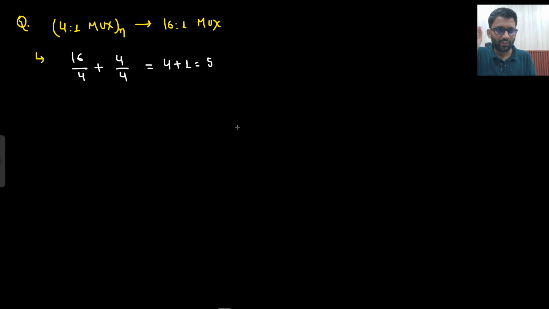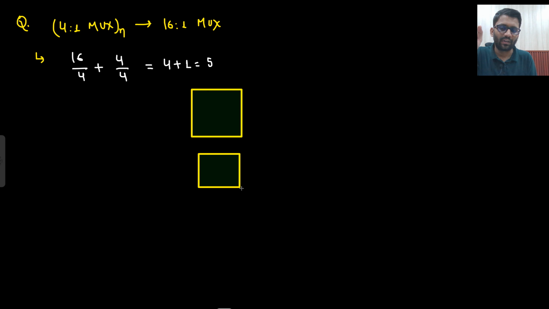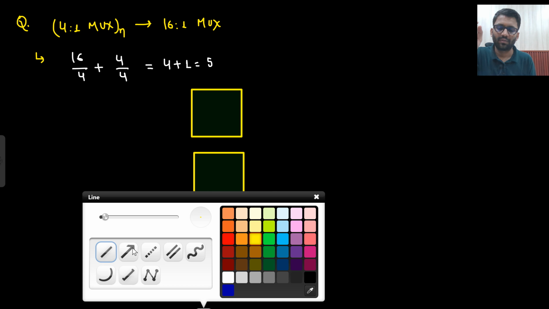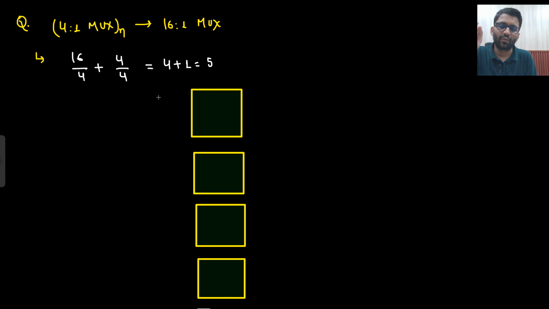You can see how. 16:1 will have 16 input lines and 4:1 will have 4 input lines. So one can take 4, another can take 4, another 4, and another 4. So all can take 4, 4, 4, 4.